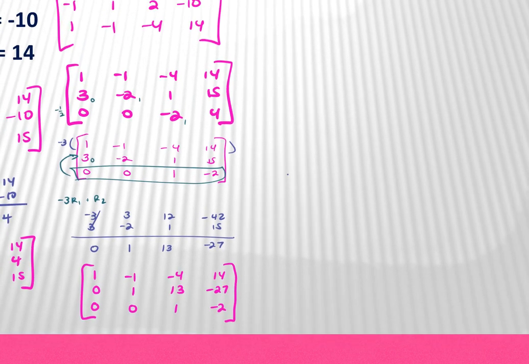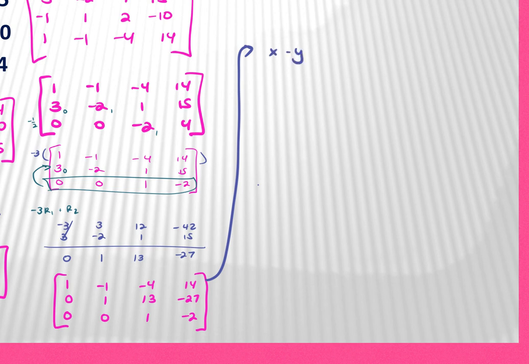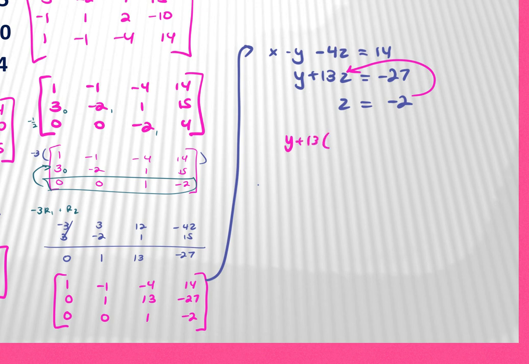And then comes the back substitution. So x minus y minus 4z equals 14. Y plus 13z equals negative 27. And z equals negative 2. And then I do the back substitution. So z goes in. Y plus 13 times negative 2 equals negative 27. Y minus 26 equals negative 27.